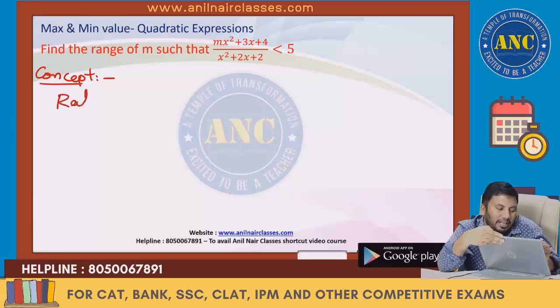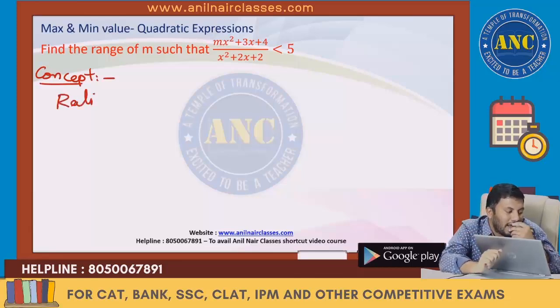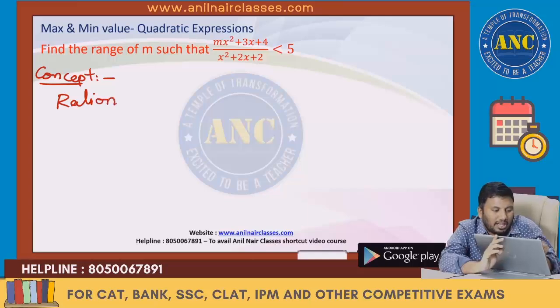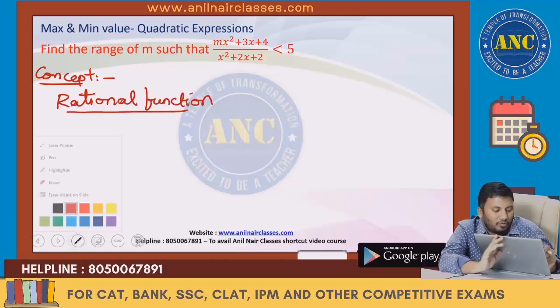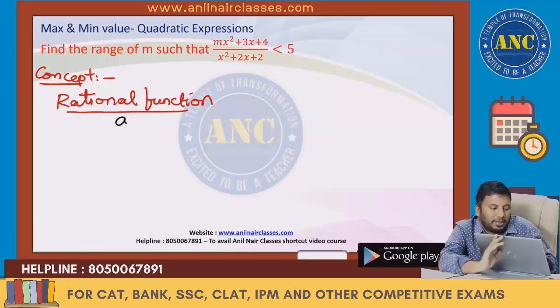Concept: if I take a rational function, it will be of the form A by B. Two cases will come.